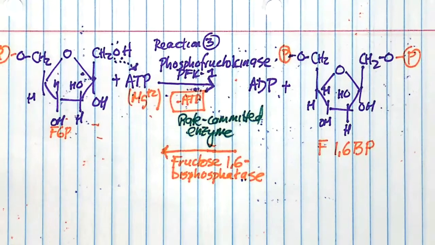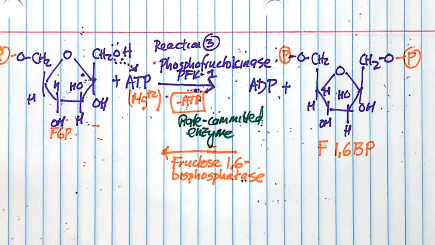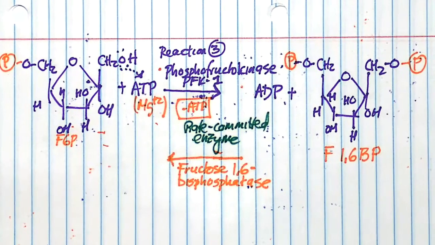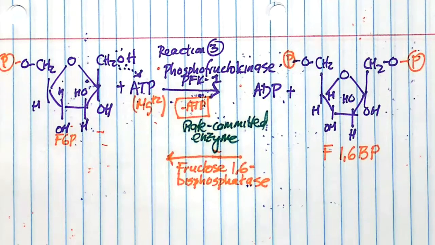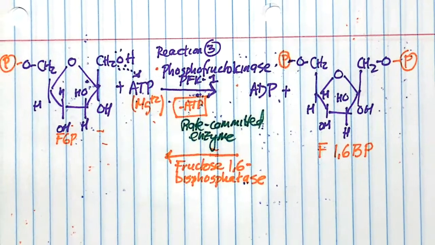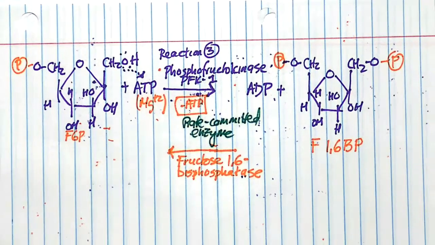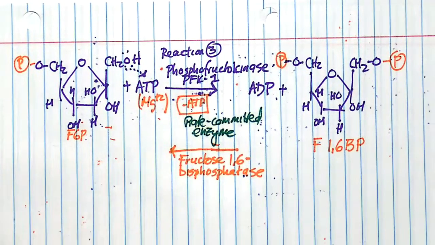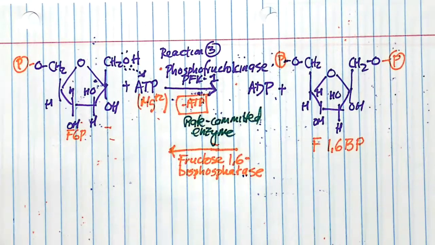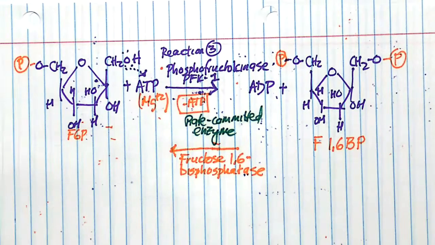All right, a very, very important enzyme. It's definitely worth your time and effort to study this some more, especially if you want to go into higher other fields in science. But for now, I'm going to move on to reaction 4 of glycolysis, and that is taking that fructose 1,6-bisphosphate, and we're just going to cut that molecule in half, and the enzyme that does this is called an aldolase.